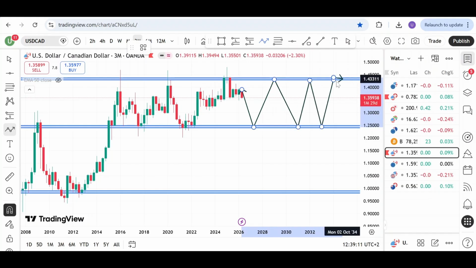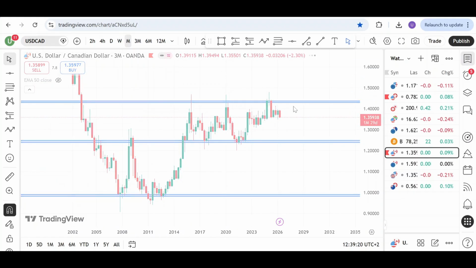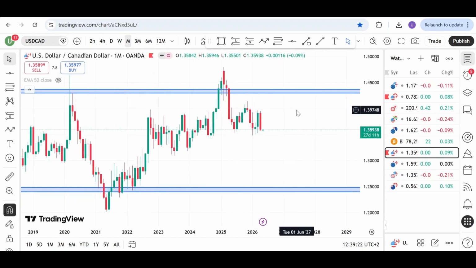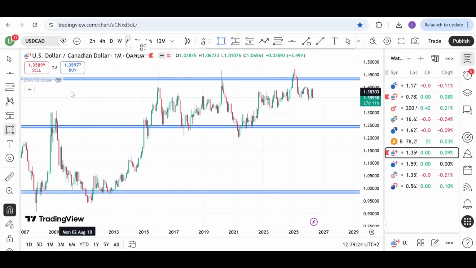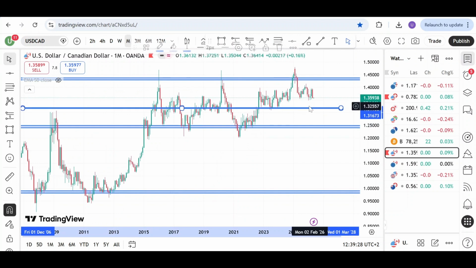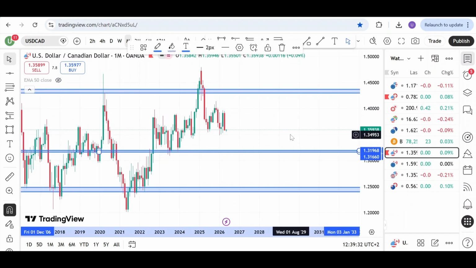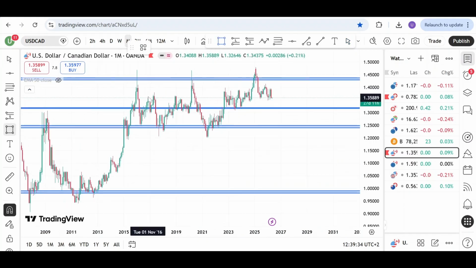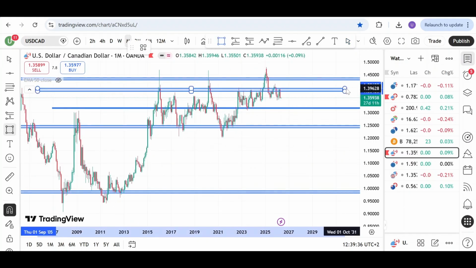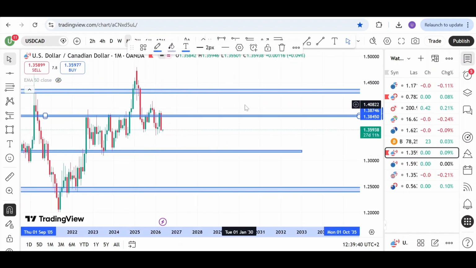Okay, so how can we capitalize on this downward trend move? Let's go to the monthly time frame to see how we can capitalize on this imbalance. You see, this is a monthly lower zone here, and also this is another monthly upper zone here.